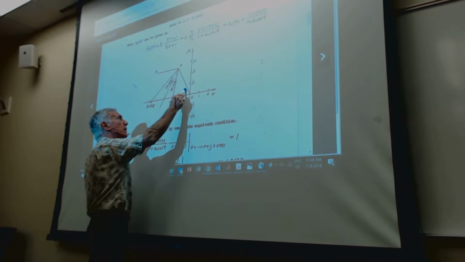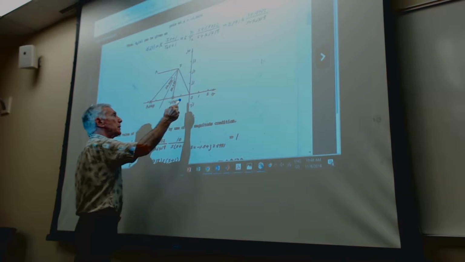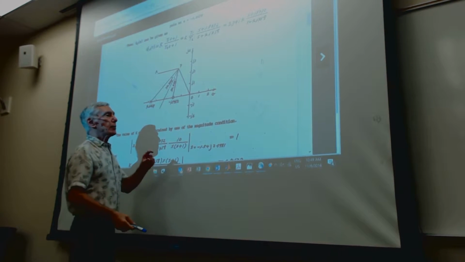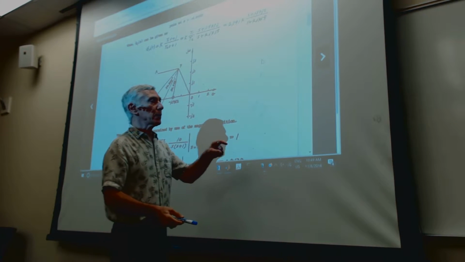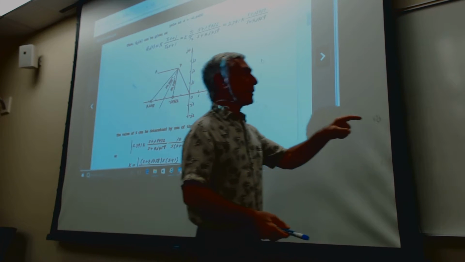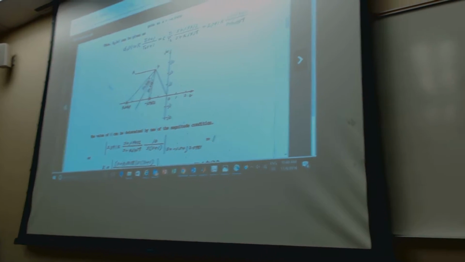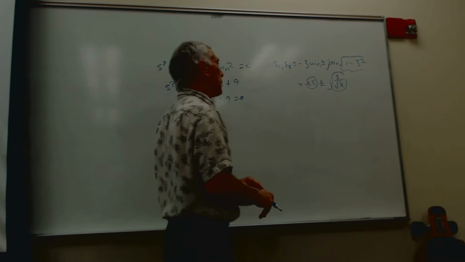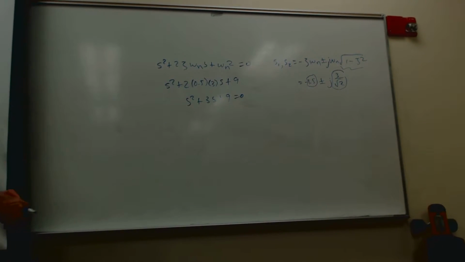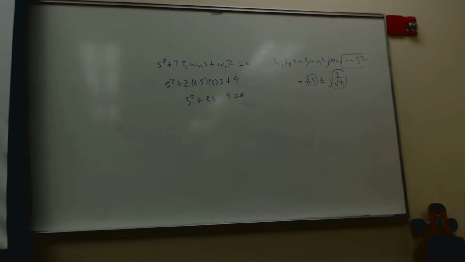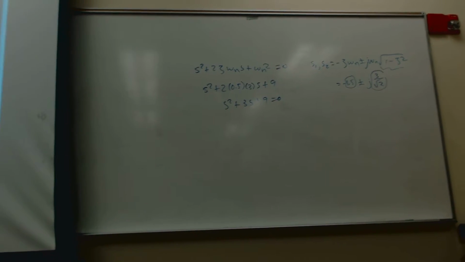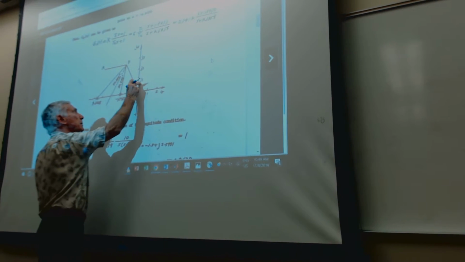So this angle in here is just the arctangent of the imaginary over the real component. So this is going to be the arctangent of 3 over square root of 2 divided by 1.5. And so that gives you this angle here, and I think it turned out to be 60 in this case. And so this is 135.